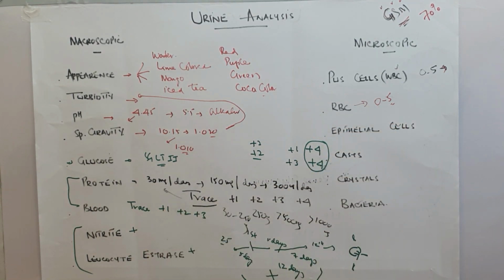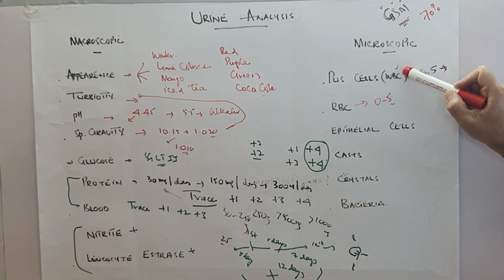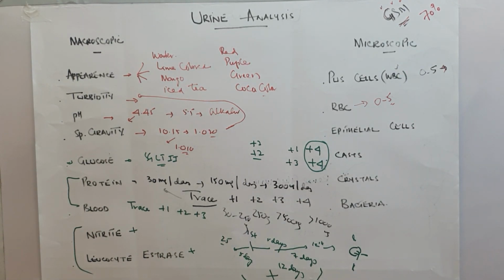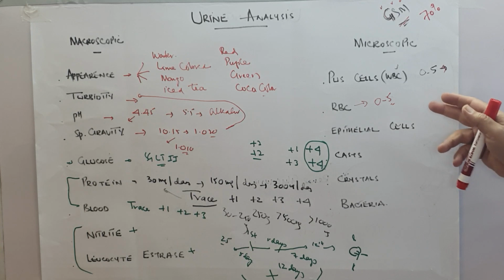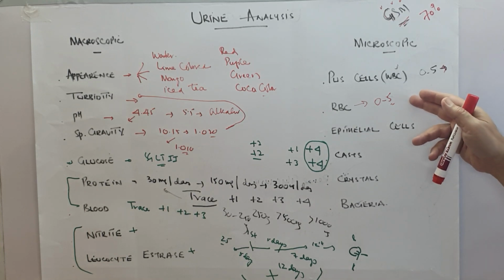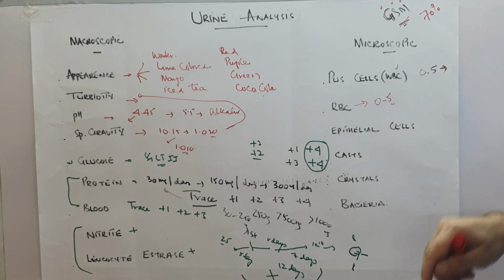And if the RBCs are present, this is then confirmed as hematuria, then it should be investigated accordingly. The presence of pus cells along with RBCs is more likely to be because of an irritant focus in the renal tract, like a stone in the renal tract, could be because of infection, and could even be because of a tumor.